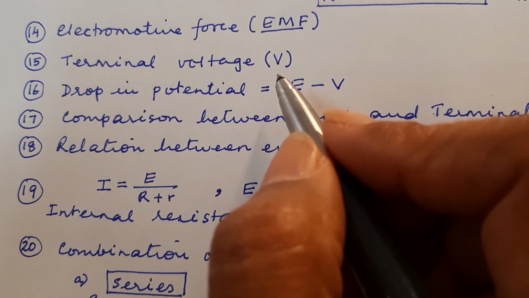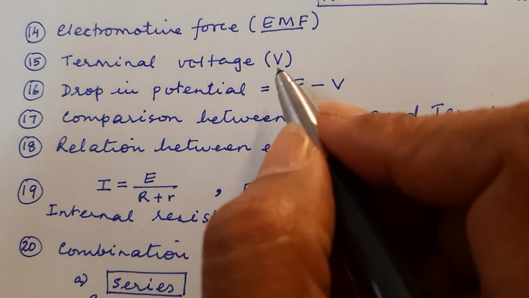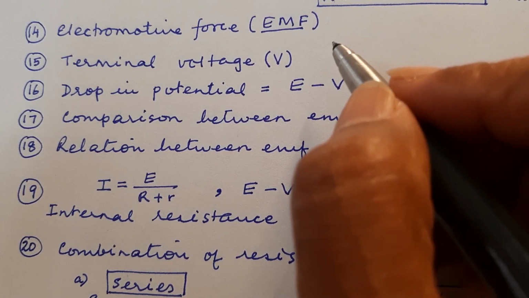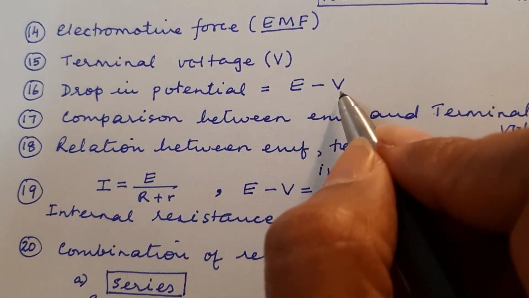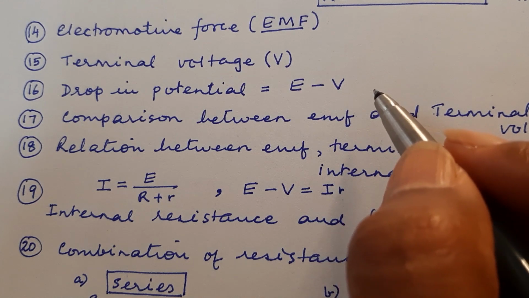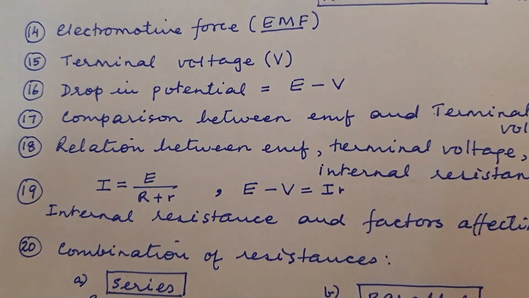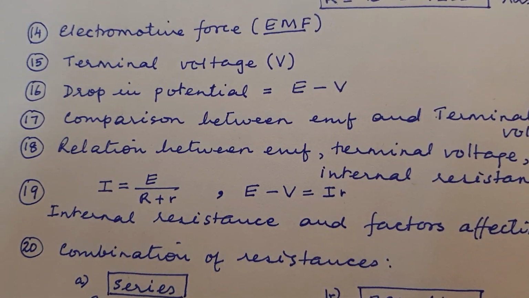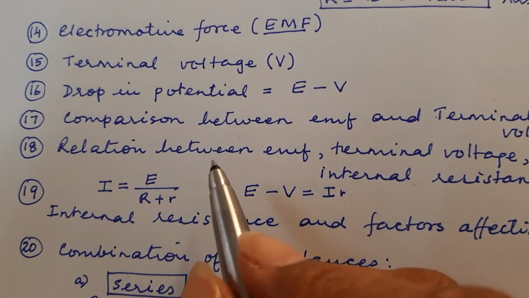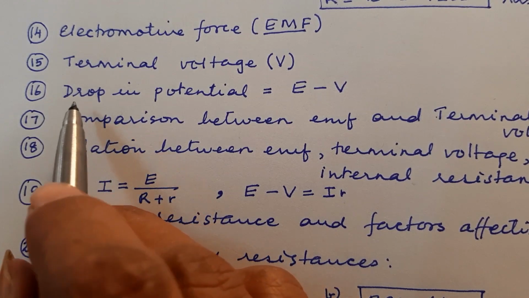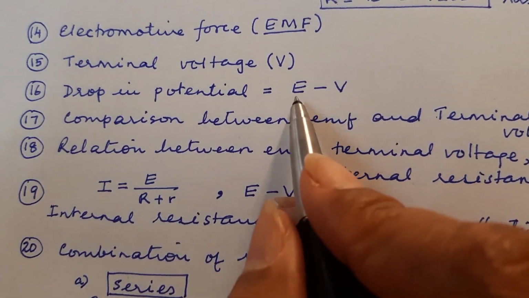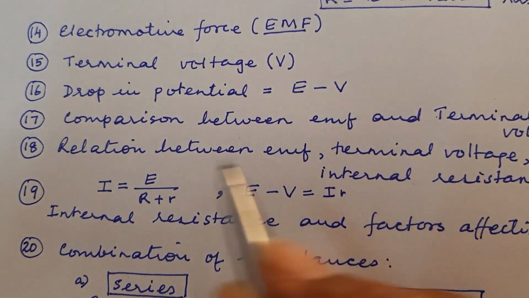So when the cell is in use, mostly we will have the situation where we will see drop in potential, that is E minus V, which is EMF minus the terminal voltage. So our 16th point is drop in potential, which is EMF minus the terminal voltage.